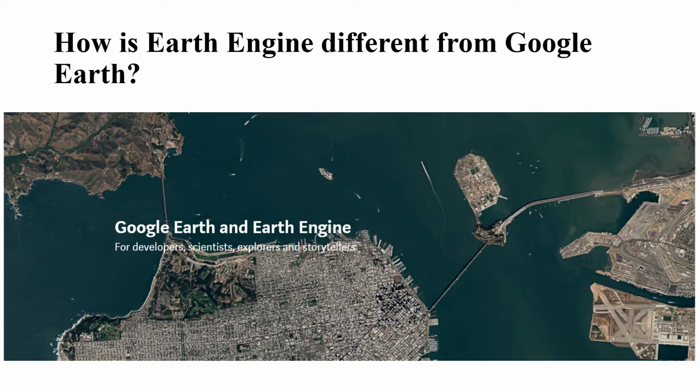So you can analyze forest and water coverage, land use changes or assess the health of agricultural fields, among many other possible analyses. While the two tools rely on some of the same data, only some of Google Earth's imagery and data is available for analysis in Earth Engine.